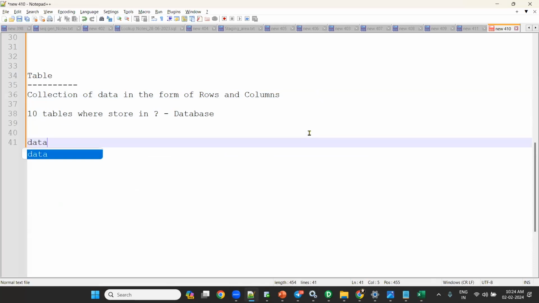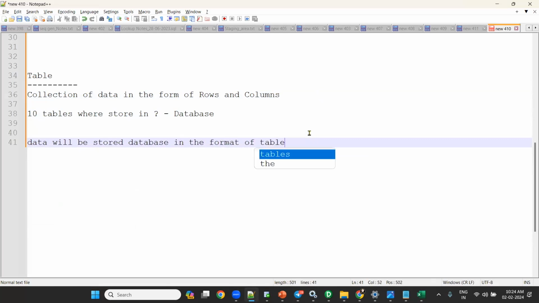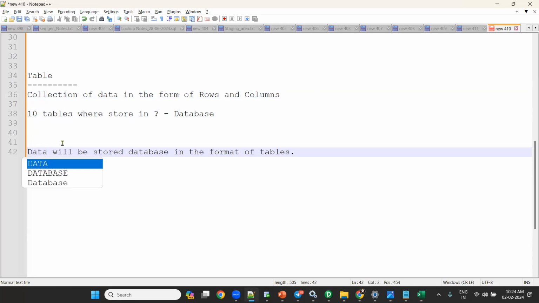So data will be stored in a database in the format of tables, that is, rows and columns. Understood? Are you clear, please? So now the database is very important in our real-time world.